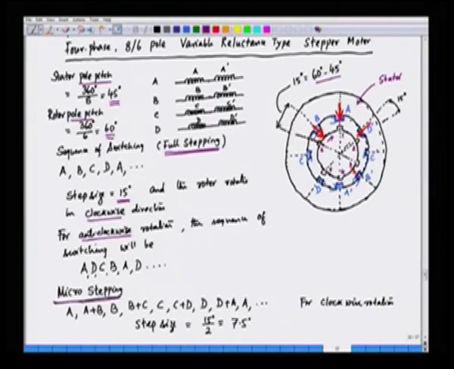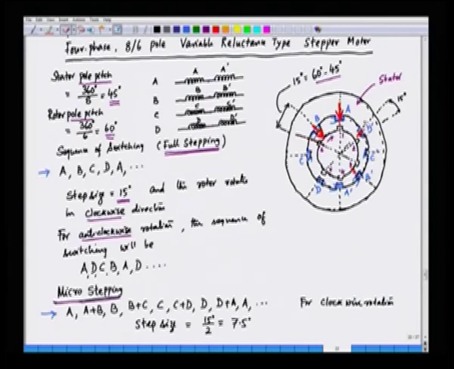In micro stepping, we start with phase A, let us say, then we do not jump to phase B. What we do here is A, then A plus B, and then B. So, when we are exciting A plus B, A and B are excited at the same time, while the other phases are not excited.